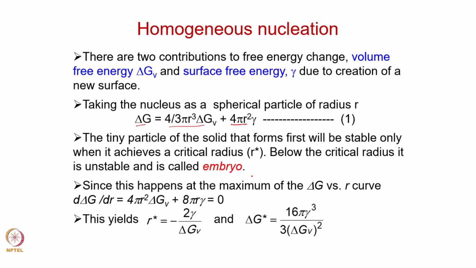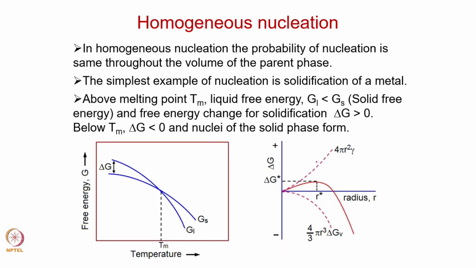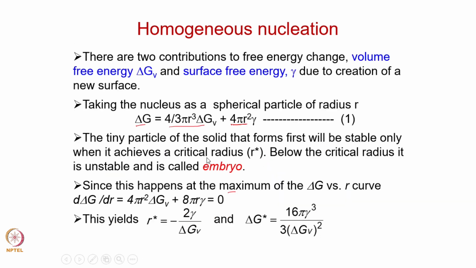And since the critical size occurs at the maximum, as you could see, if you take the derivative of this delta G with respect to the size, then at this point it will be 0, right? So that's what is shown over here.